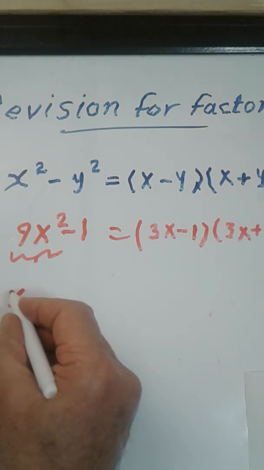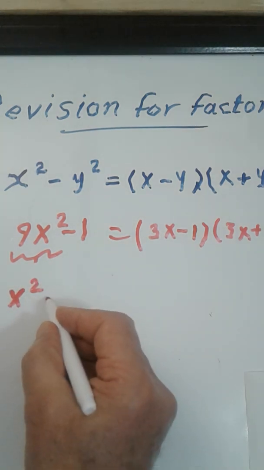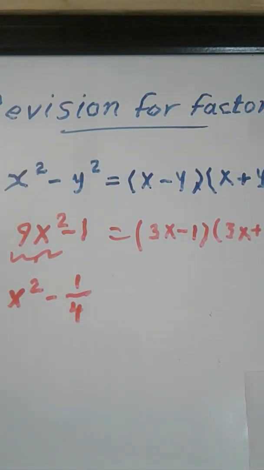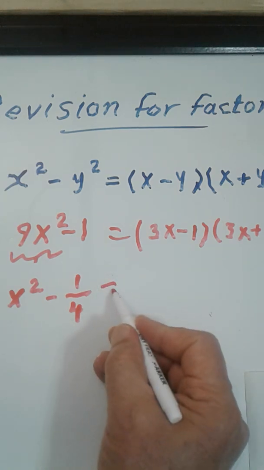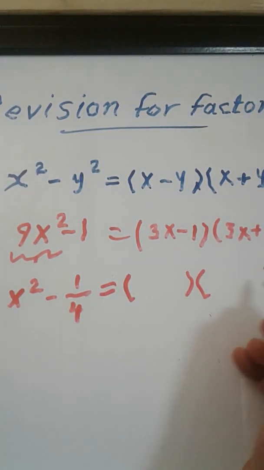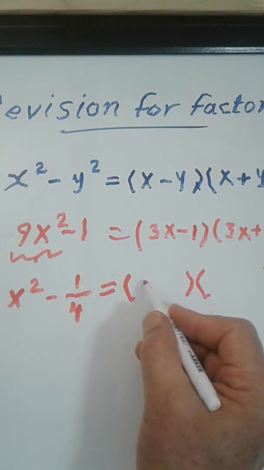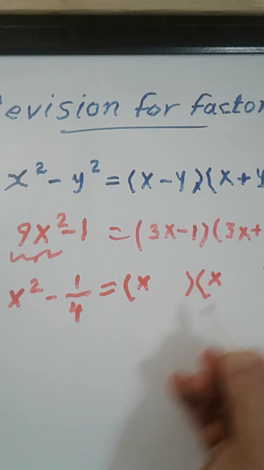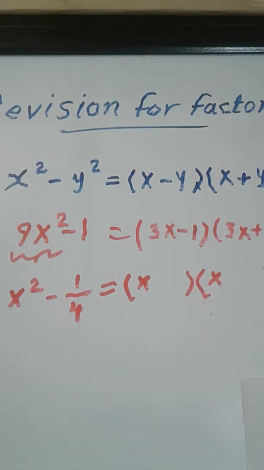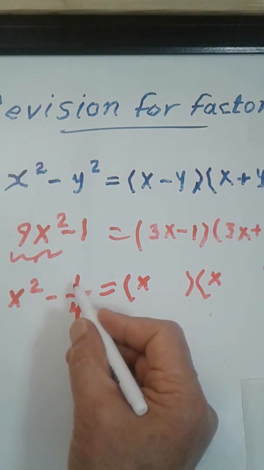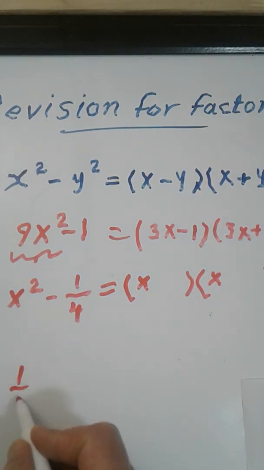x squared minus 1 over 4. x squared will be considered like x times x, so I put x here and x here. Then 1 over 4 is like 1 over 2 times 1 over 2.